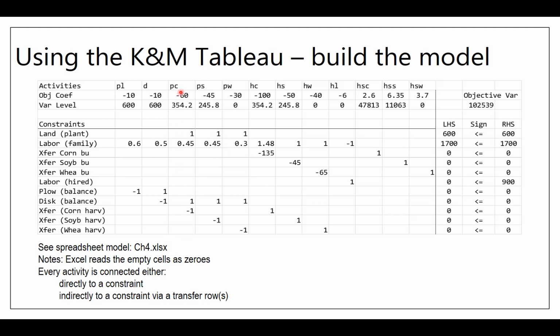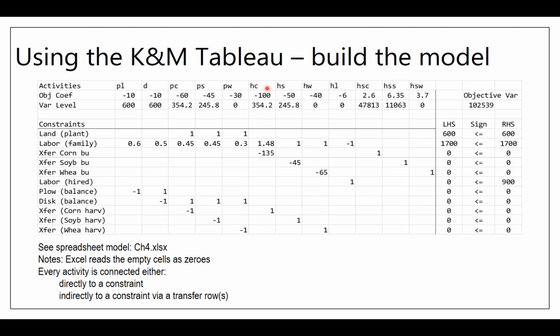So to get to the idea that harvested acreage is also constrained by the available land, we need to track the indirect relationship. Okay, so these are the transfers that take harvested land from planted land. So if you plant something to crop, it generates a -1 in the transfer row, which allows you to then use it to harvest corn. The -1 in the soybean harvest transfer allows you to harvest 1 acre of soybeans. So that's the indirect relationship.